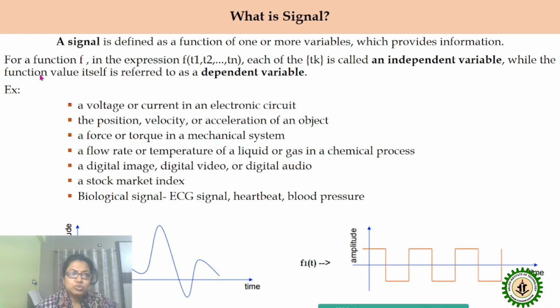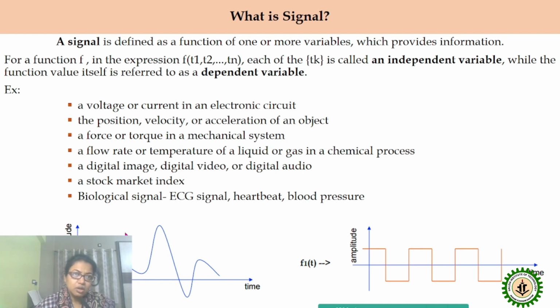Now, for a function, when you say it depends on a variable, these are the variables. So here time is the independent variable, and the dependent variable is your amplitude.